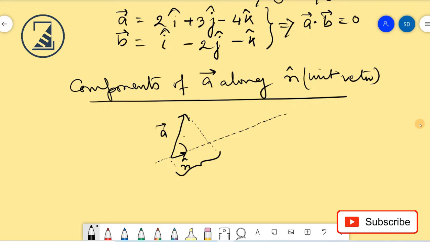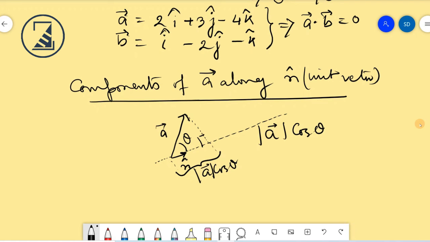If this angle is theta, and this is a right angle triangle, this is nothing but a cos theta. So the magnitude of a cos theta is my component of a vector along n cap.